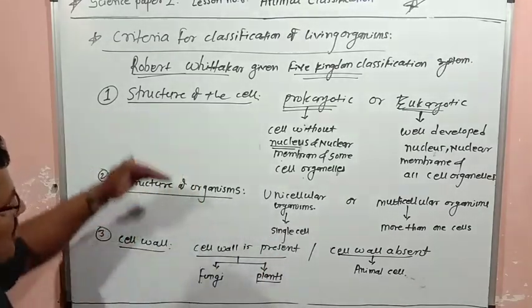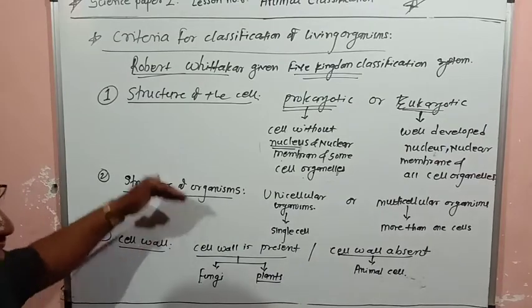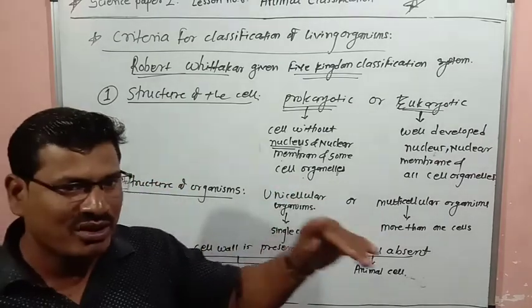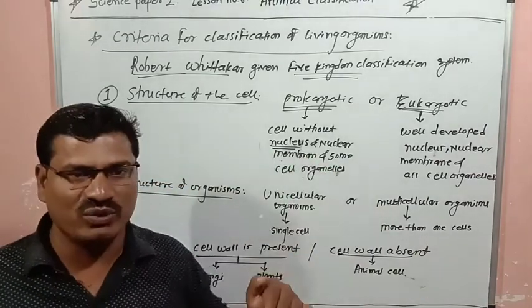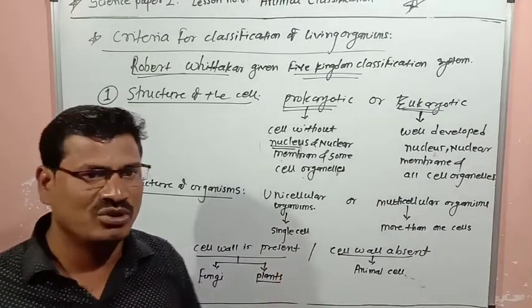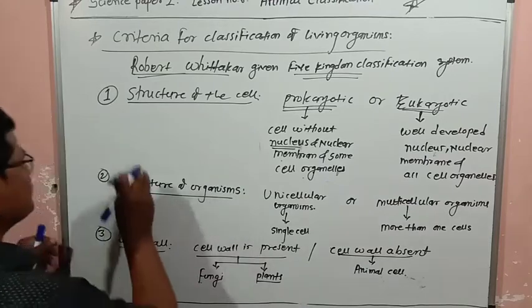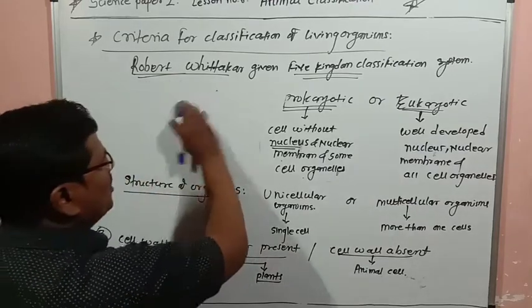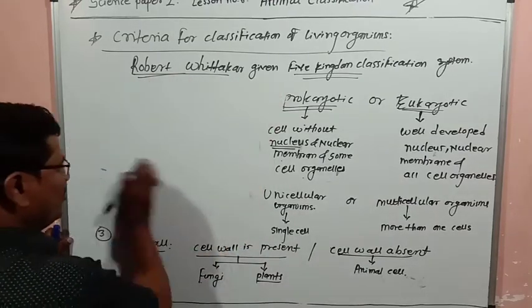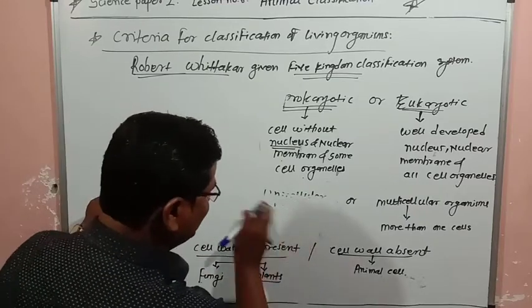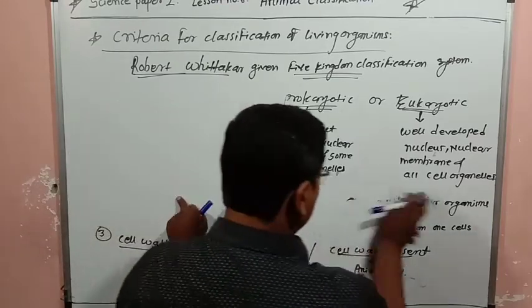Now these 3 points you have to write down, and after this I am going to give the fourth point, which is considered for the classification of living organisms. So I will drop the first 2 points. The fourth criteria for the classification is the mode of nutrition.